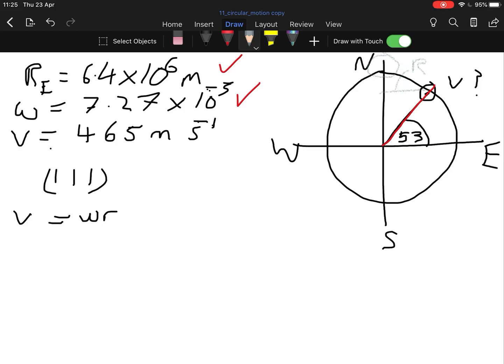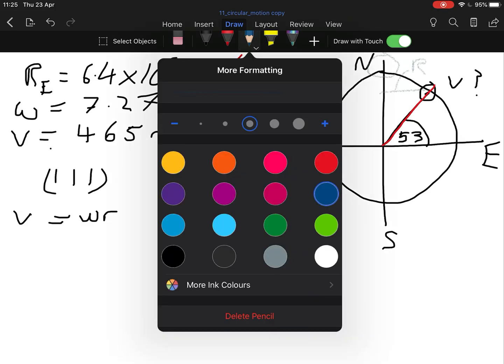We're spinning about this point. So when you're up 53 degrees north, you're spinning around the north-south axis. The radius that you're spinning at is from your point into, if you imagine an imaginary line, down through the Earth.